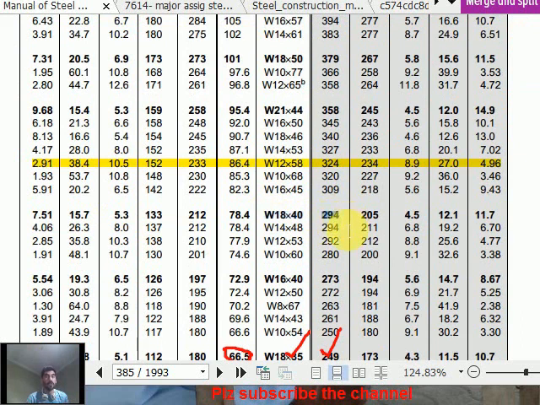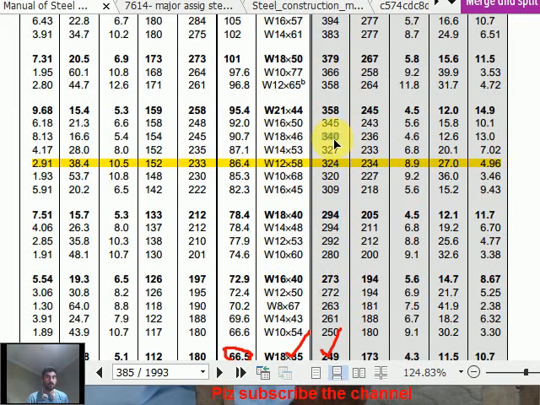So that is why we are compelled to use a section in between these two ranges. So we select W18x46. Now W18x46, this section is our lightest section because it has a moment capacity of 340, which is more than 305.